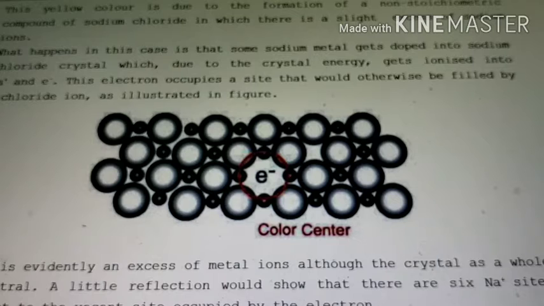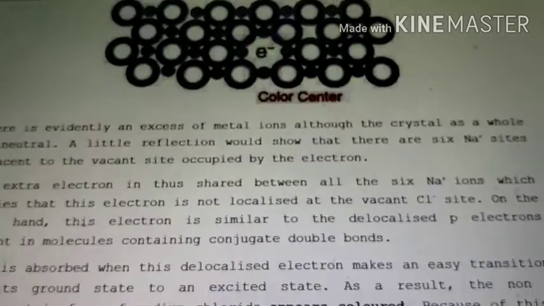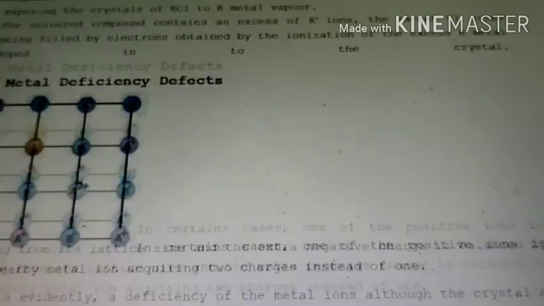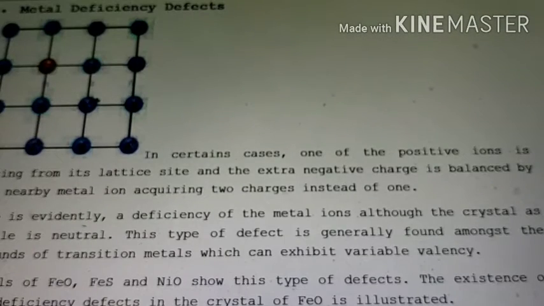If it is indicated by some color in which the vacancy occurs, it's called metal deficiency defects. Positive and negative ions are there, A and B, and in a particular place the atom A plus is not there, it's missing. So that's called metal deficiency.